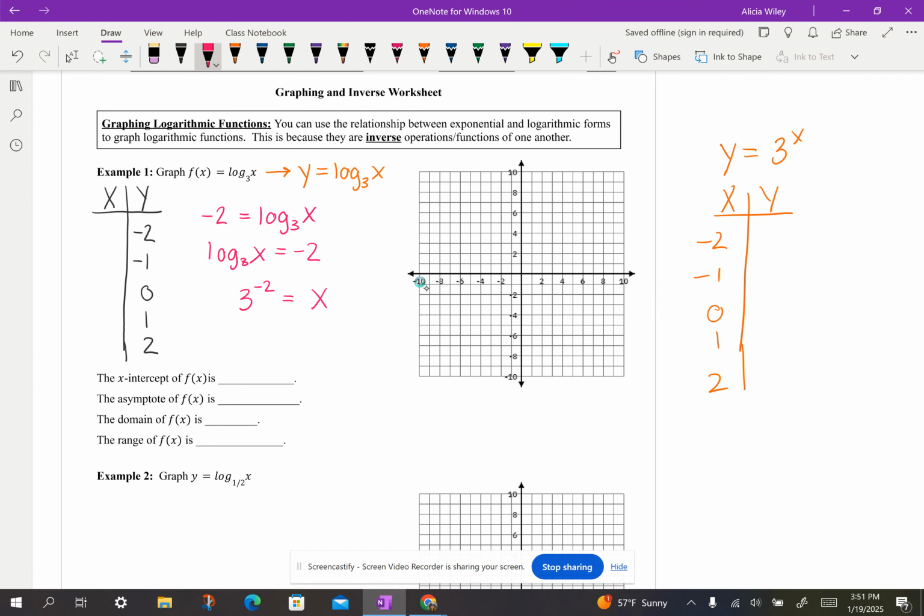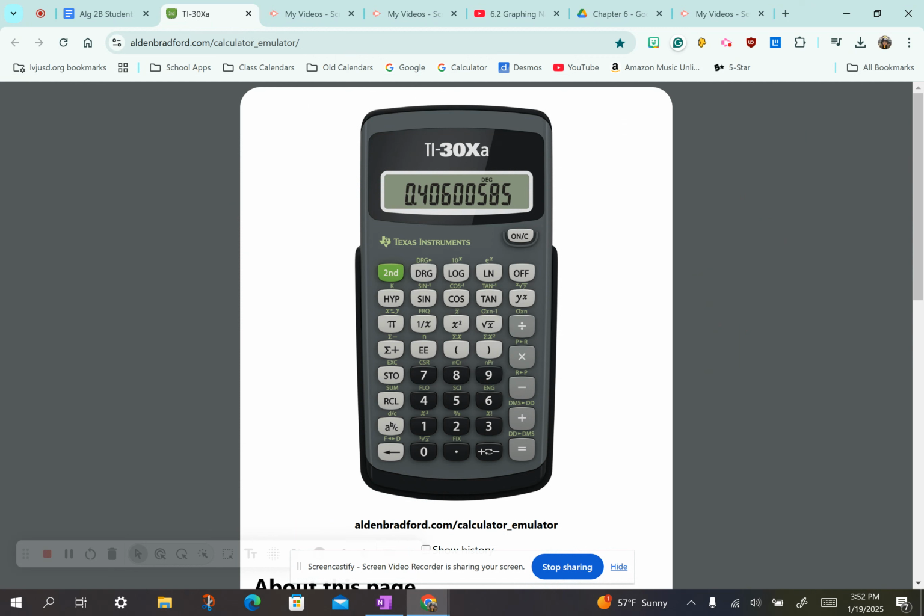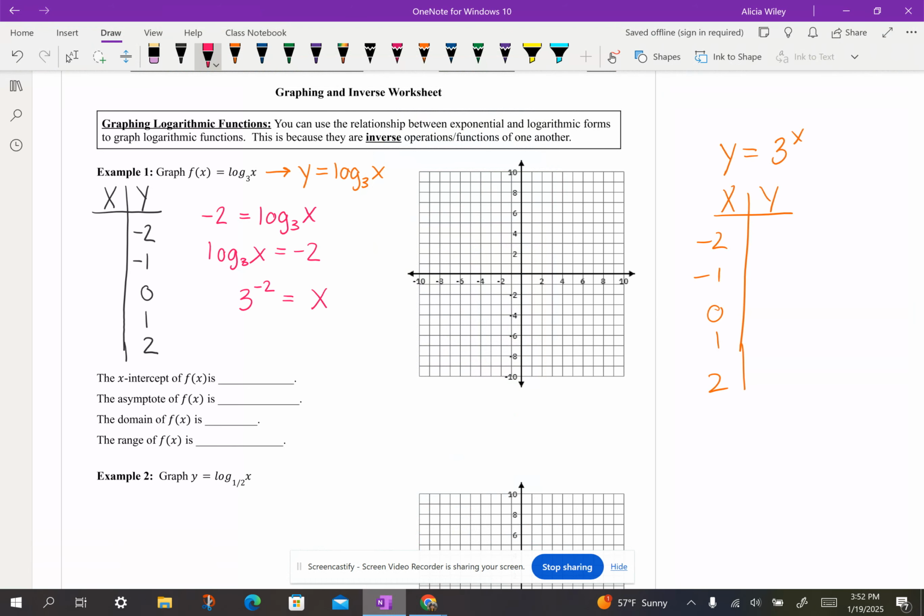So you would do 3 to the -2, and since we're graphing, just put that into your calculator. You can do 3, press the power button, 2, make it negative, press equals, and you get 0.1 repeating. So I can just write 0.1 in my table. If you want to write 0.11, go for it.